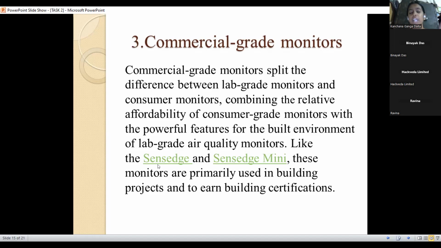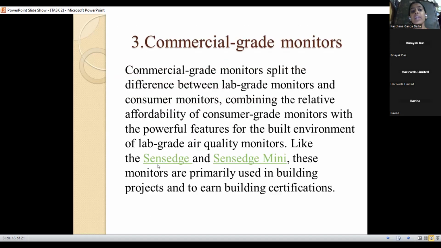Consumer grade are cheap and portable and can be used by everyone everywhere. Commercial grade is a split of both, so for cheap applications along with high features, we can use commercial grade monitors. These are used in buildings and projects to earn building certifications.